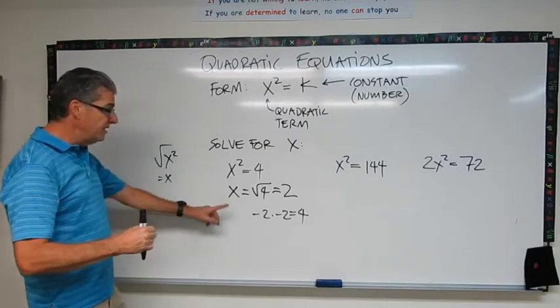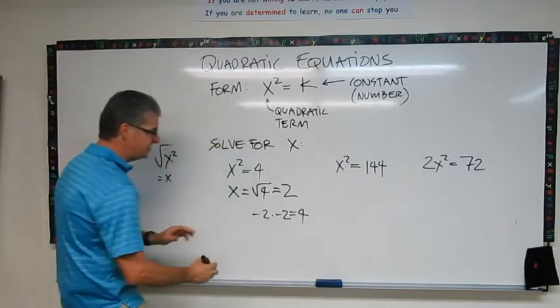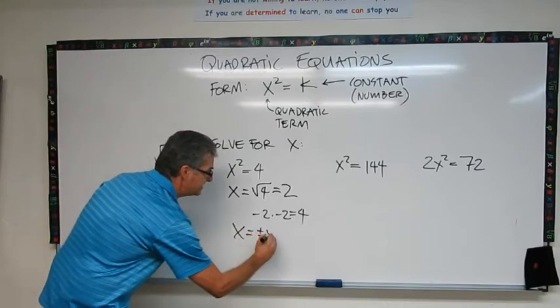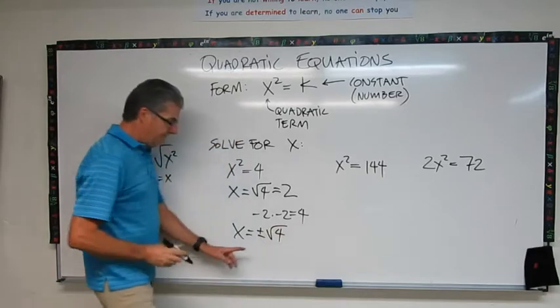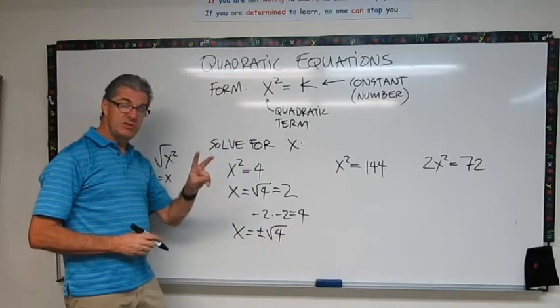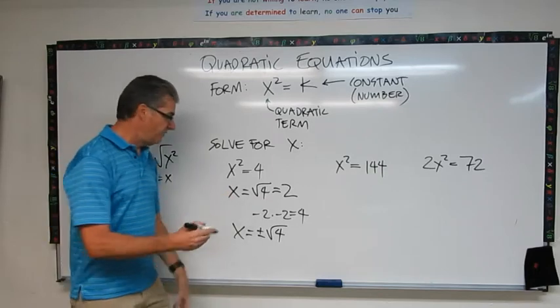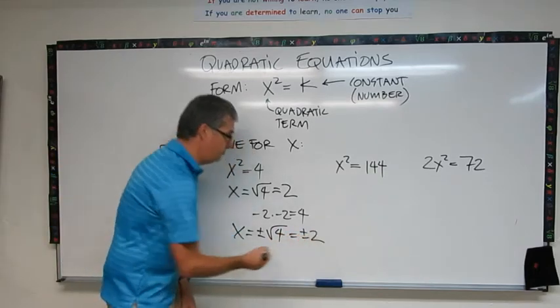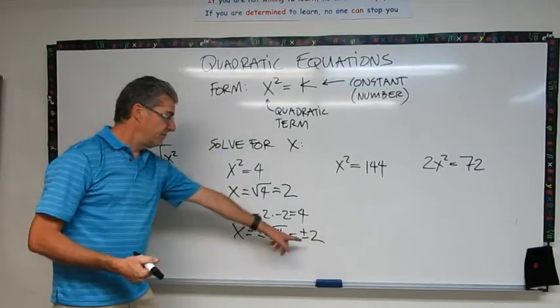And so what we really do, I'll just start it over here, is we go x equals plus or minus the square root of 4. And this little plus minus tells us that we have two solutions. We have a positive one and a negative one. So this would be plus or minus 2. So that's our solution, plus or minus 2.